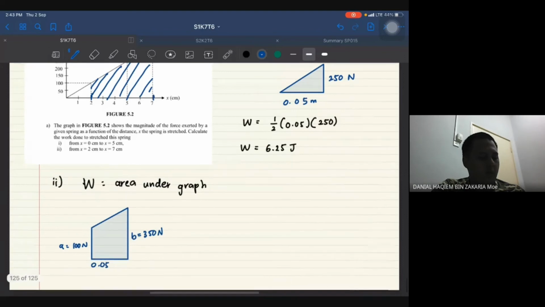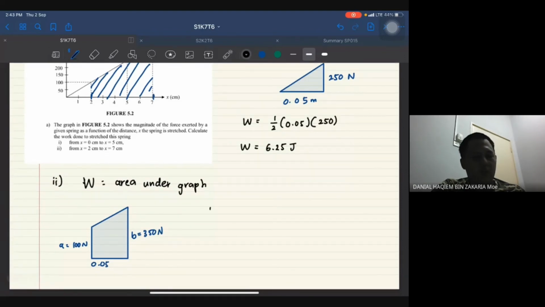So the formula becomes half multiplied by C, multiplied by A plus B. Did you use the trapezium or the triangle? Trapezium. Trapezium.